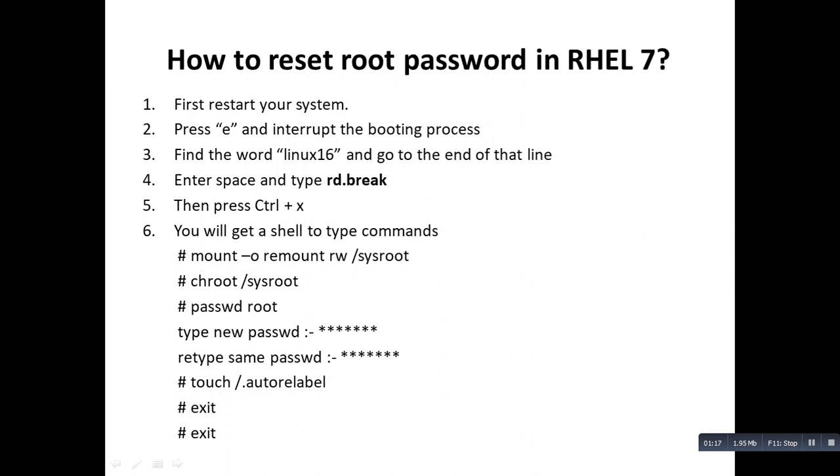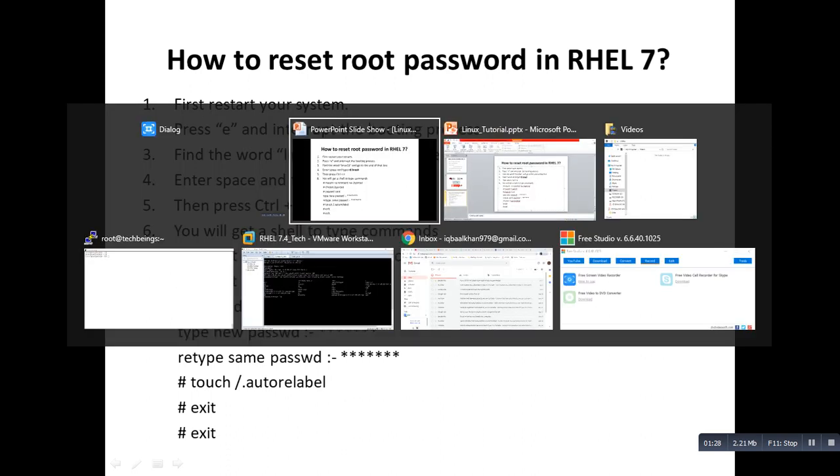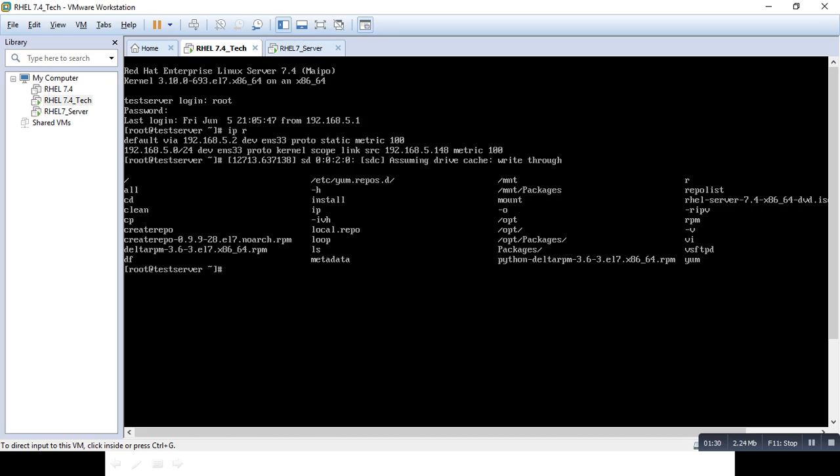So what you see here are the steps that are required to reset a root password. First, what we have to do is restart the system. So I will restart my system.